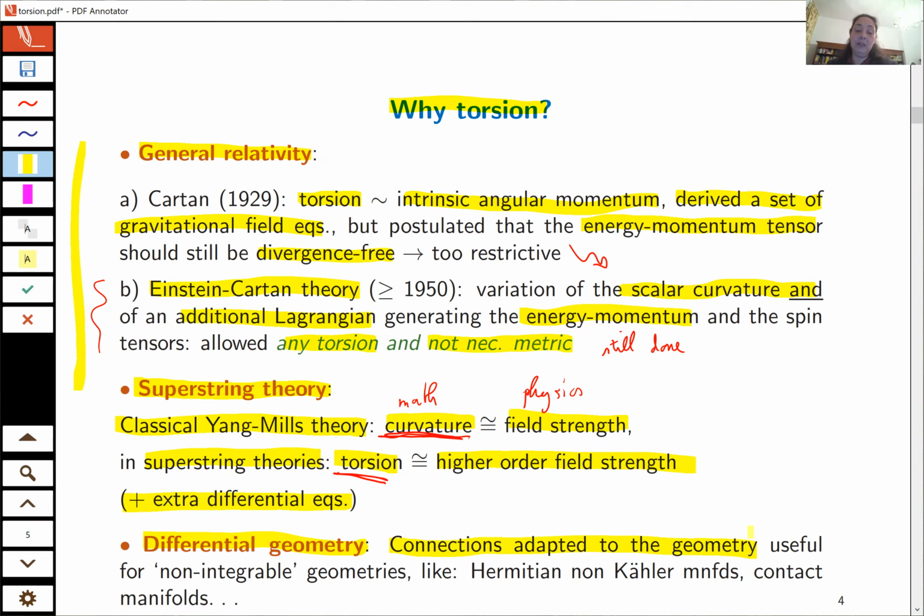And in particular, this works very well for what will be called in a few slides non-integrable geometries. So by non-integrable, for example, I would denote a manifold which is Hermitian but non-Kähler, or a contact manifold, or a non-integrable G2 manifold and things like that. So a class of manifolds which are not as well behaved as we know it, for example, from the Kähler case.